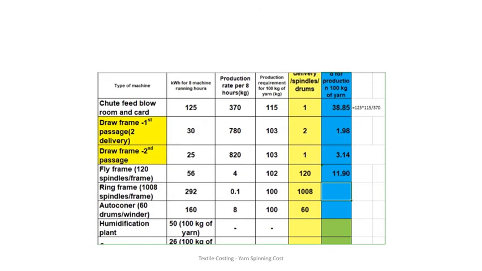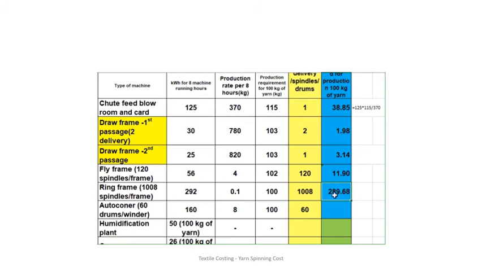Ring frame, similarly, we have 2292 into 100 divided by 0.1. Since it is in grams, we have to convert into kgs for correct calculations, divided by 1008.